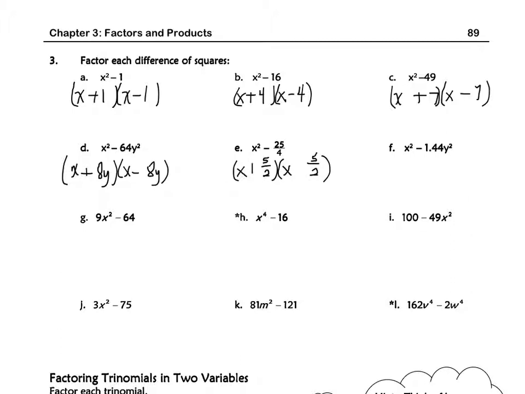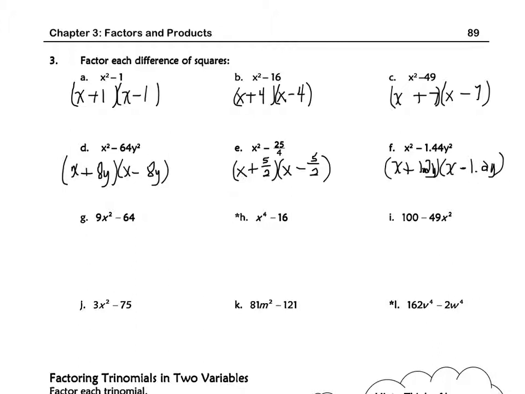So we need one to be a plus and one to be a minus. And this one would be x and x, and the square root of 1.44 would be 1.2, but you need a y with that. One would be plus 1.2y, and the other one would be minus 1.2y. The decimal's not real good on that one there, but the more I try, the worse it looks.